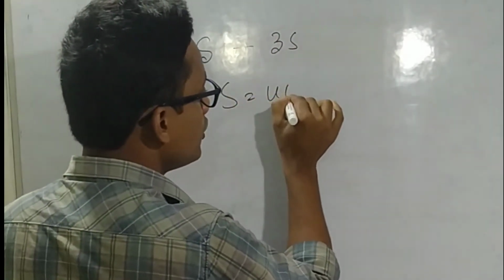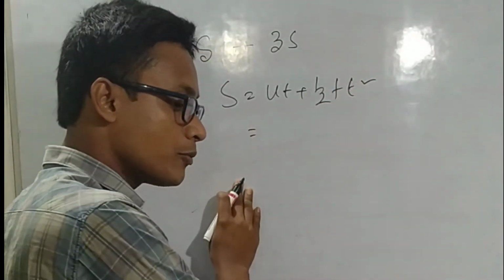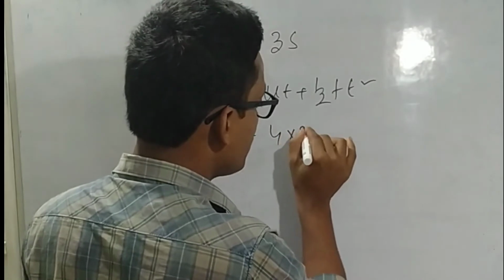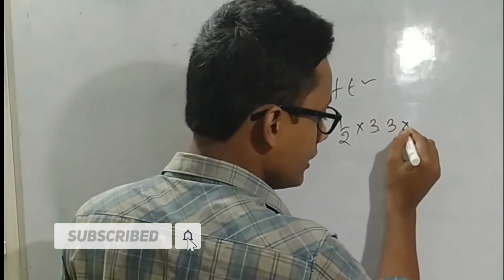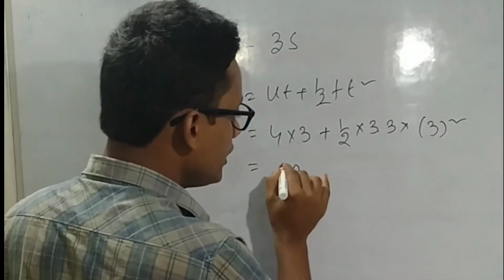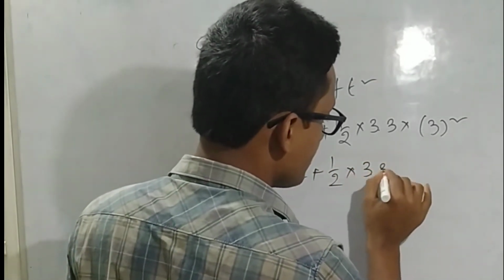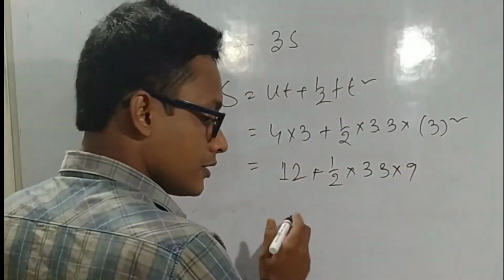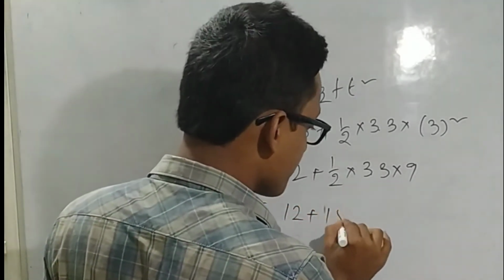s is equal to ut plus half of ft square. Using the proper values, we can calculate 4 into 3 plus half into 3.3 into 3 square. Calculating, we have 12 plus 3.3 into 9, so we can write 12 plus 15.